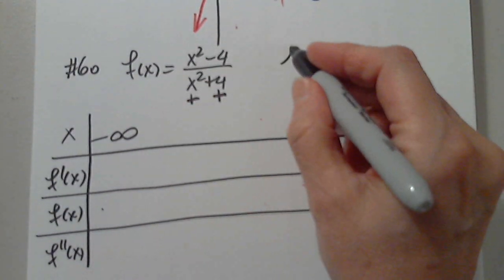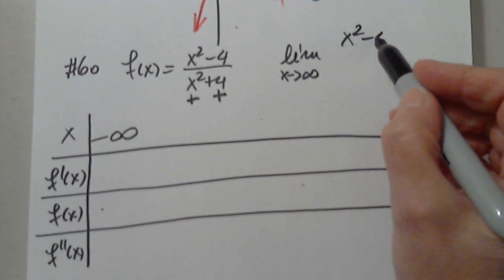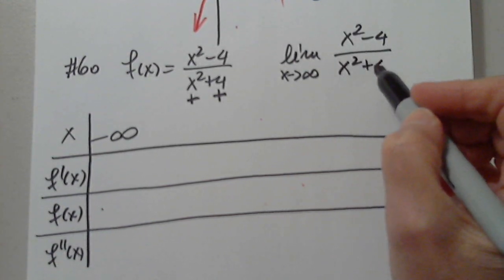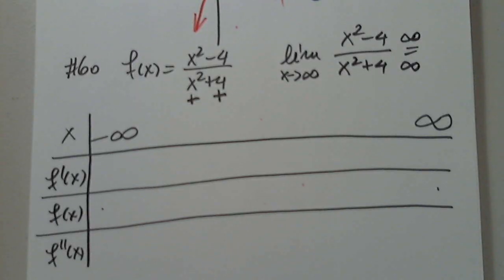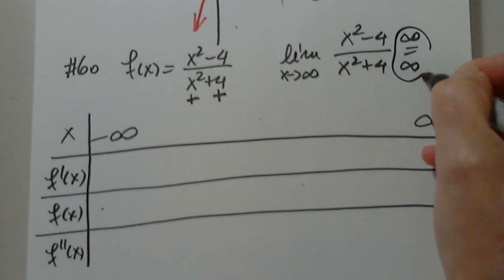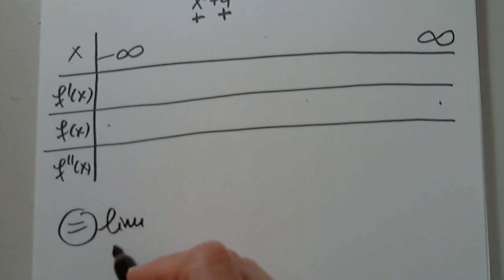Good. Now I have to determine these limits. How do I determine the limit as x approaches infinity of (x squared minus 4) over (x squared plus 4)? Yes, it's infinity over infinity. You can use L'Hopital's rule if that's what you want. If we use L'Hopital's rule, what is the derivative of the top?